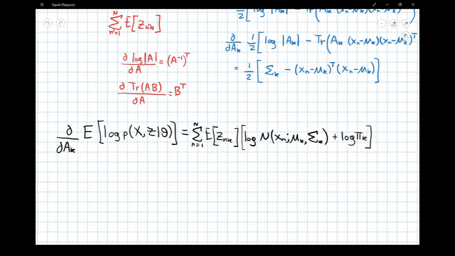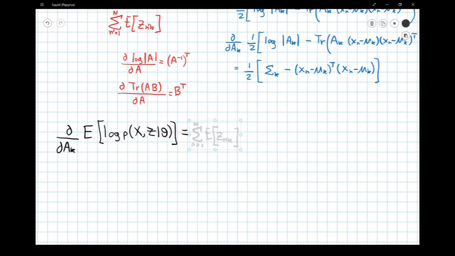This term's going to disappear. And what we've actually got is all this stuff. Okay, so in fact we can remove all this. And I will write the half that's here.